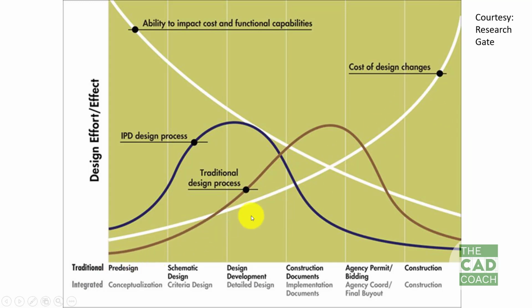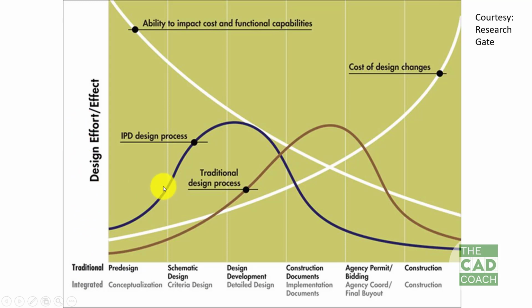That is the cost of design changes. The blue one is the IPD design process, and the orange or brown one is the traditional design process. So we have four graphs, where the x-axis is time and the y-axis is level of effort.